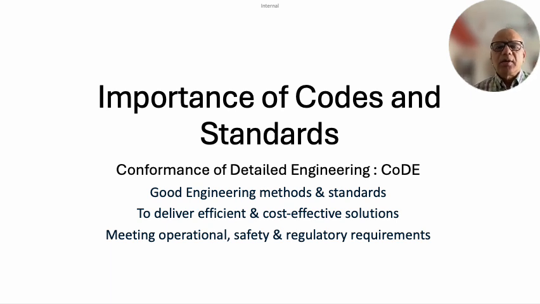Detailed engineering may be a detailing of design, detailing of manufacturing, detailing of testing, detailing of overall the acceptance standard for the product or the part, and it could be the final documentation and the way the documentation will be submitted.